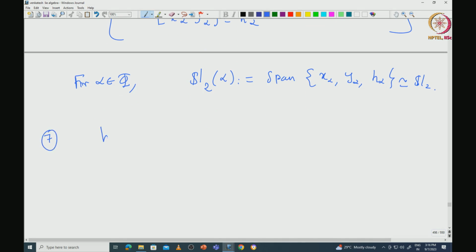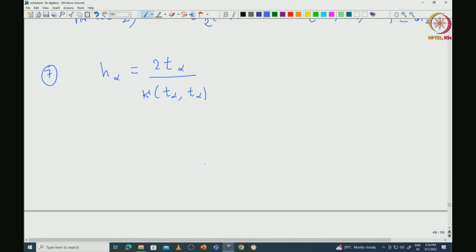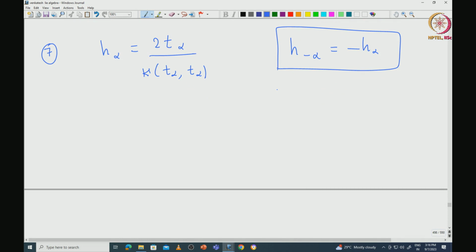Recall h alpha is given by twice t alpha divided by kappa of t alpha. If we compute what happens to h of minus alpha, we can prove that it must be equal to minus h alpha. This again just comes from the definition. So let us compute.